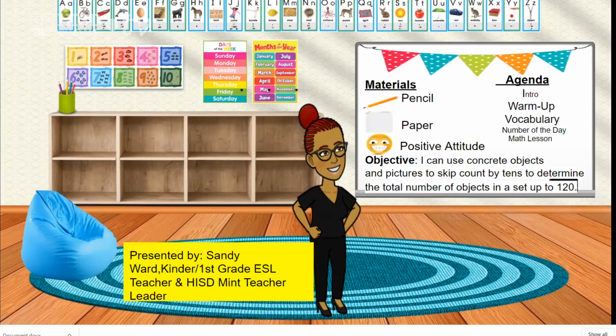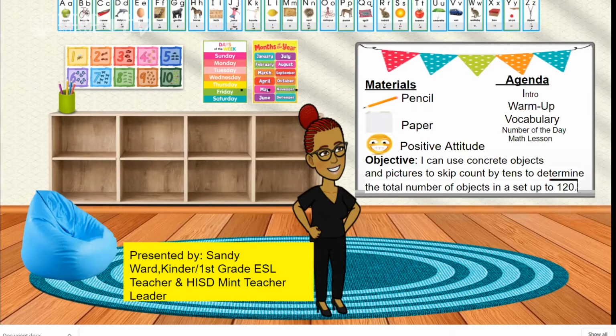For today's lessons, mathematicians, you're going to need a pencil, paper, and your positive attitude, and we are going to work on using objects such as a 100 chart and counters to help us skip count by tens to determine the total number of objects up to 120.